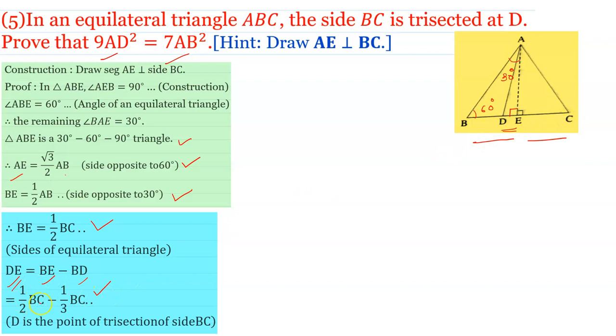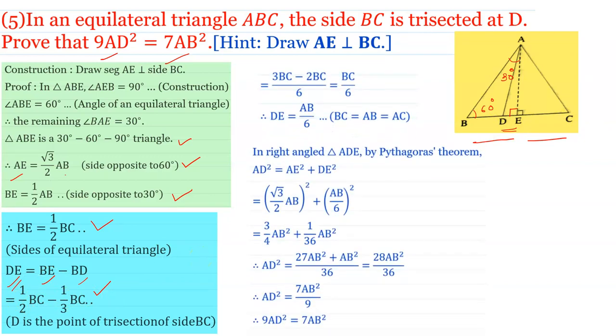In the next step, we take 1 by 3 as common, or we simplify it with cross multiplication.